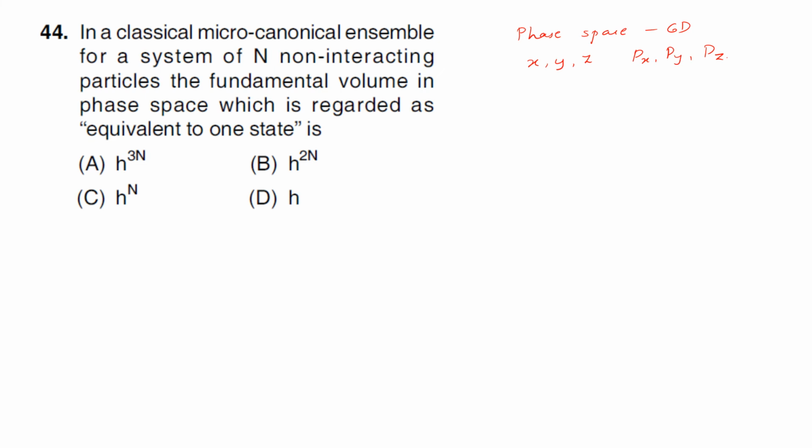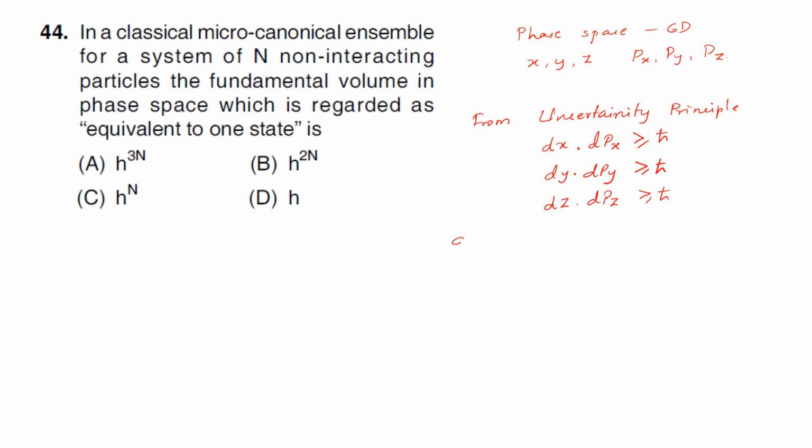So here from the uncertainty principle, uncertainty in position coordinate into uncertainty in momentum coordinate is always greater than or equal to h cross, or h. Similarly dy into dpy is greater than or equal to h cross, and dz into dpz is greater than or equal to h cross.